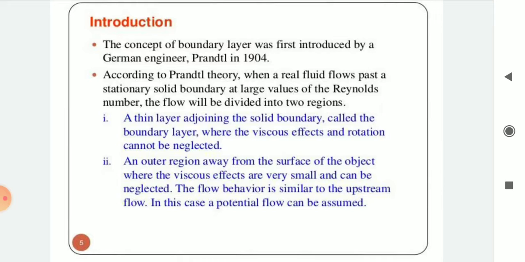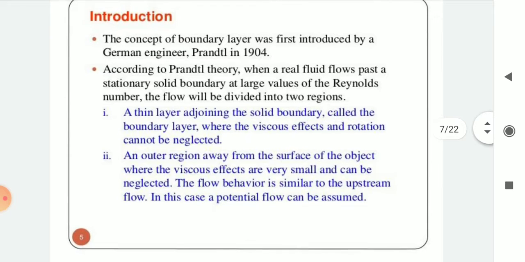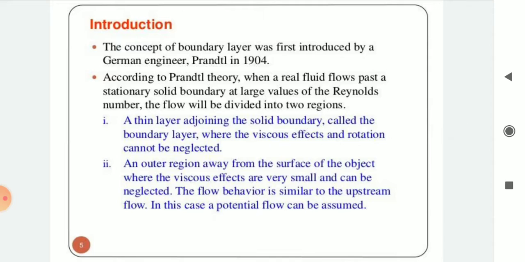First, a thin layer adjoining the solid boundary called the boundary layer, where the viscous effects and rotation cannot be neglected. Second, an outer region away from the surface of the object where the viscous effects are very small and can be neglected. The flow behavior is similar to the upstream flow. In this case, a potential flow can be assumed. Thus, these are the two regions into which the flow is divided.